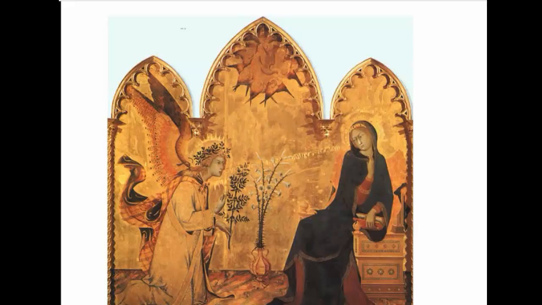Martini's Annunciation, what you see on the screen here, figure 9-8, is at the start of the Mary story. An angel shows up and tells Mary, you're going to become pregnant and give birth to the Christ child. If you look carefully at your textbook photograph, it's almost like there's a scratch on the painting here.